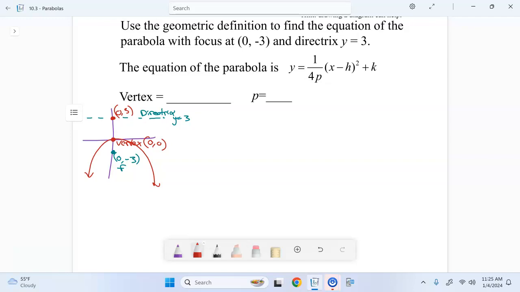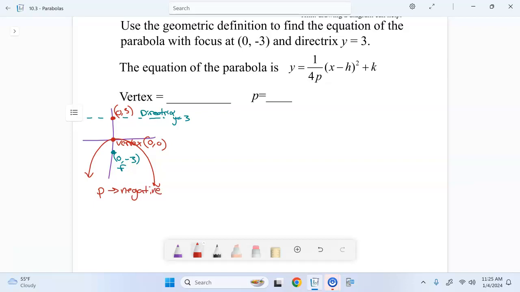Because we need that leading coefficient to be negative. So if we're opening in the negative direction, then p will be negative. It would help if I spelled that even closer correctly.